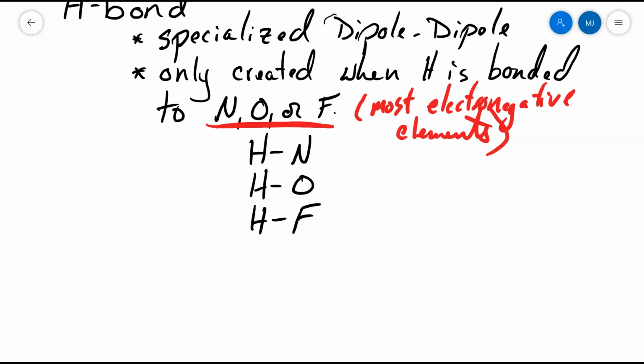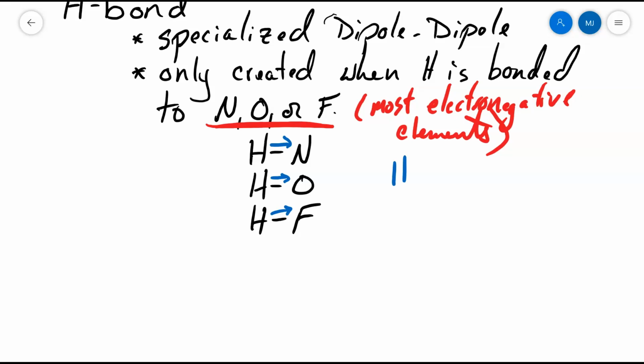So in each one of these bonds, H to N, H to O, H to F, the shared electrons are being pulled towards the electronegative element.